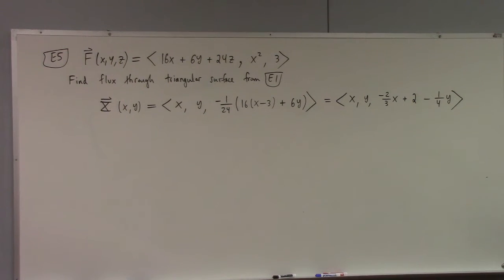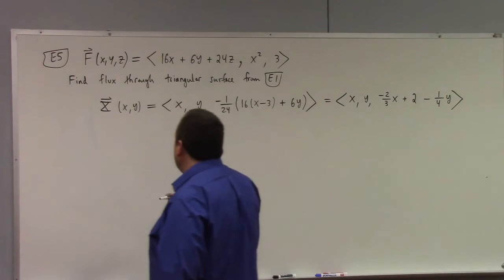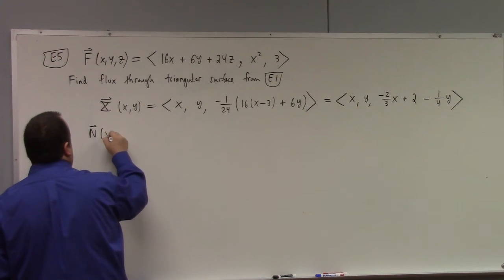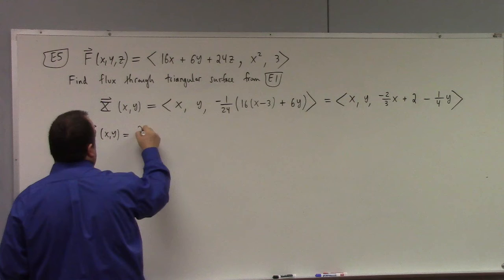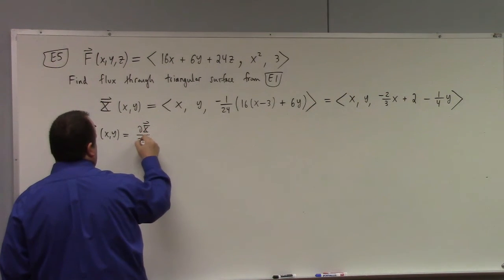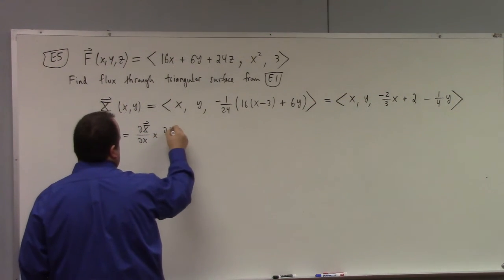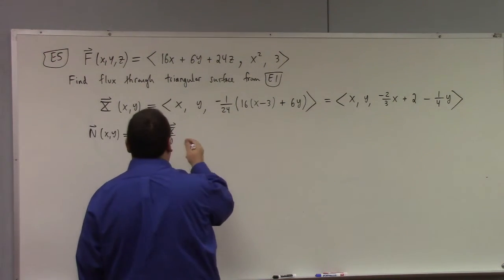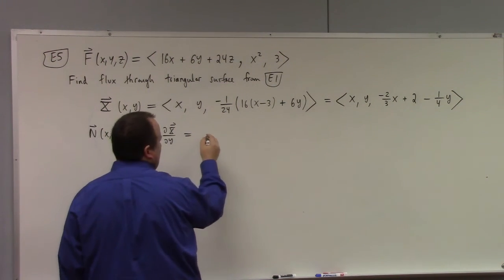Anyway, there's the parameterization. So what's the normal that's induced from this? So we do partial r partial x cross partial r partial y. And if you like, you could use r instead of the big X. As you know, I've used r in the past.